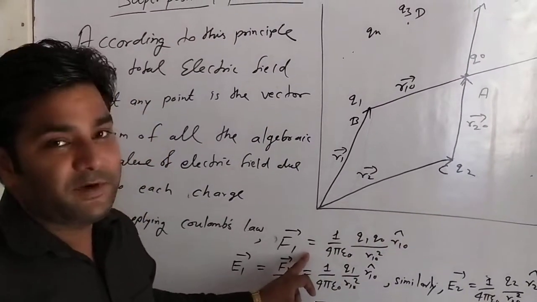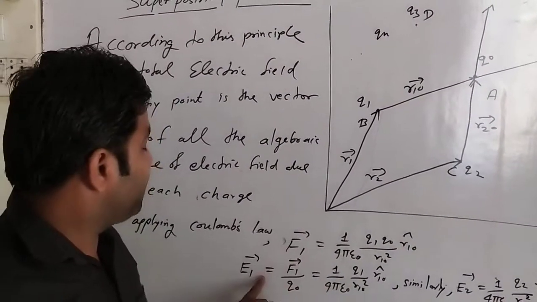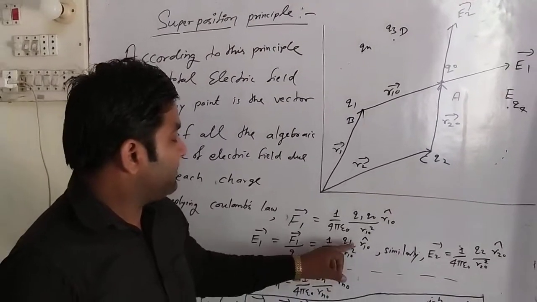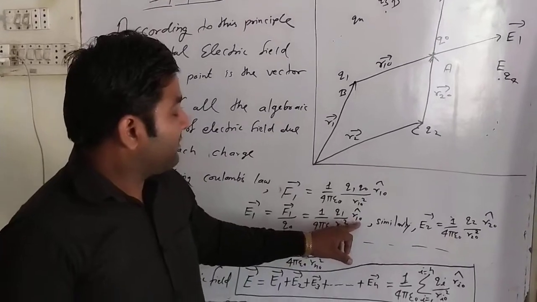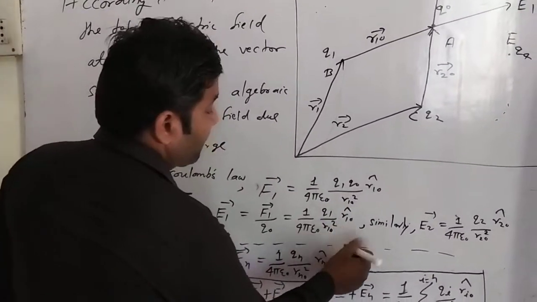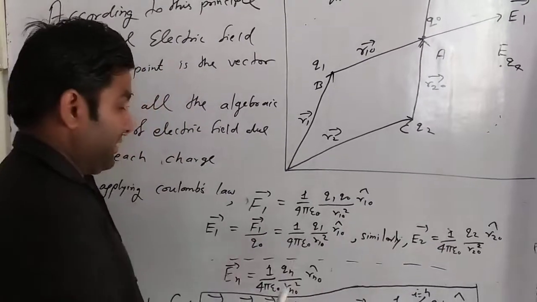When this force is divided by the test charge, by the definition of electric field intensity, F1 upon Q naught, that is 1 upon 4 pi epsilon naught, Q1 upon R1 naught square, R1 naught unit cap. Similarly, we can calculate E2, E3 and up to En.